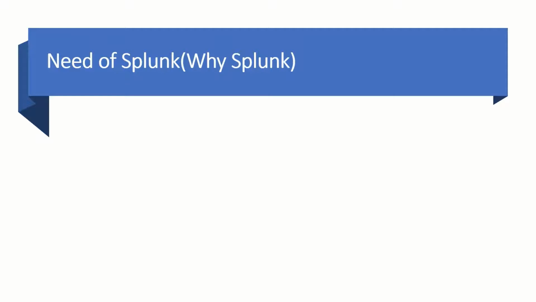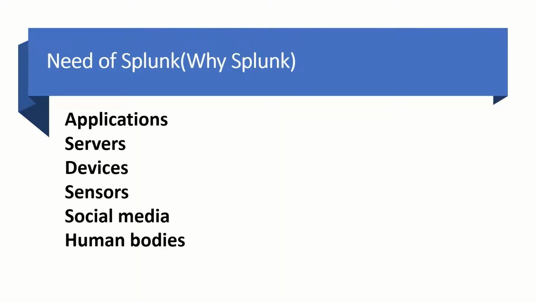We are in the age of big data. So we should have some kind of technology that can handle this kind of data and provide us insight from it. What kind of data is generated? Application data, server data, devices, sensors, social media, and even human bodies are generating tons of data.